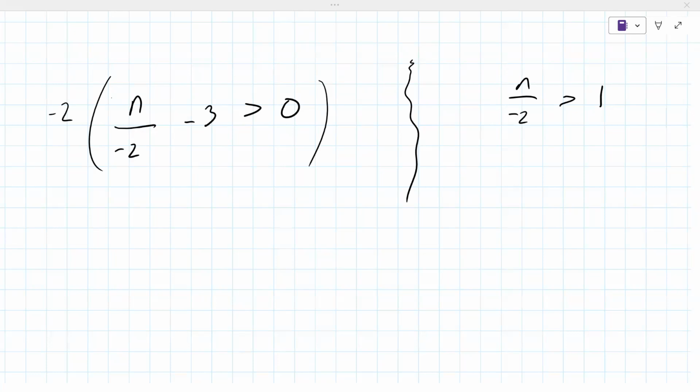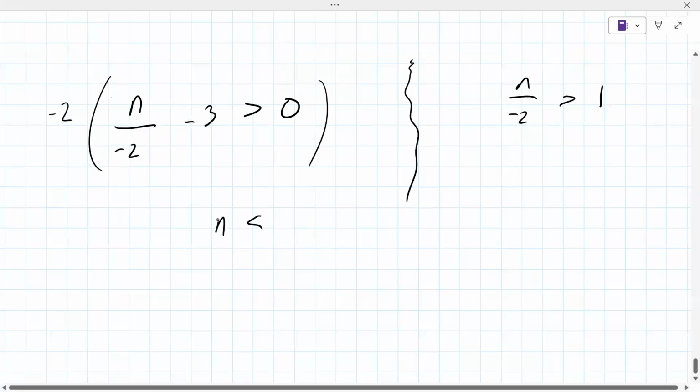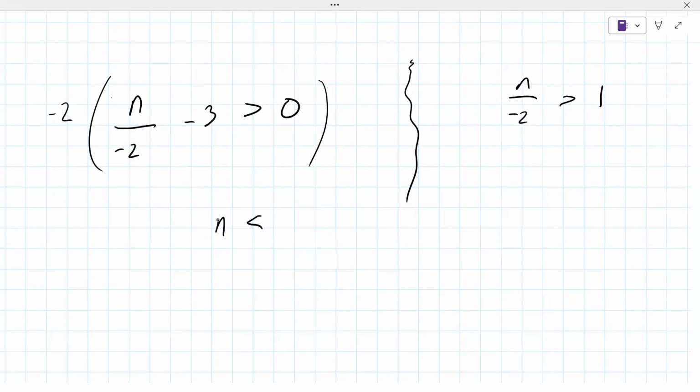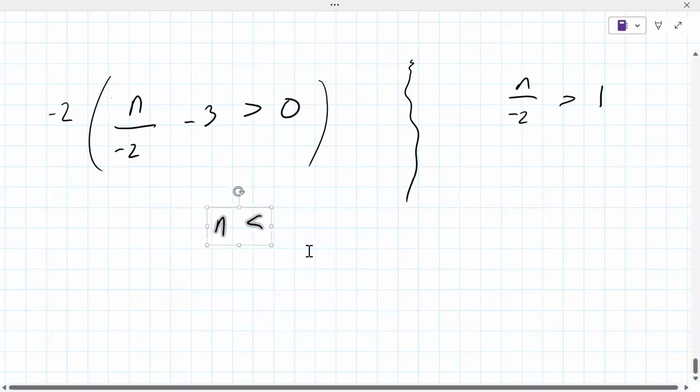N is less than 6. Positive or negative? Positive.